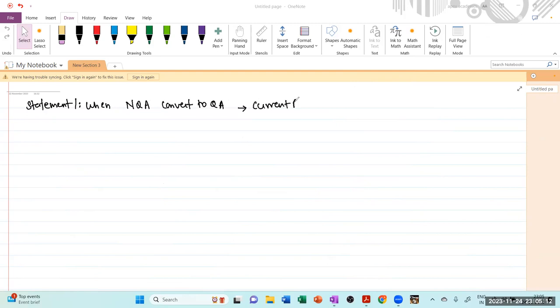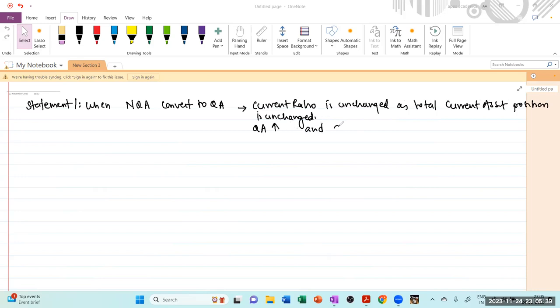Current ratio is unchanged as total current asset position is unchanged. However, quick assets will increase and automatically quick ratio will increase.